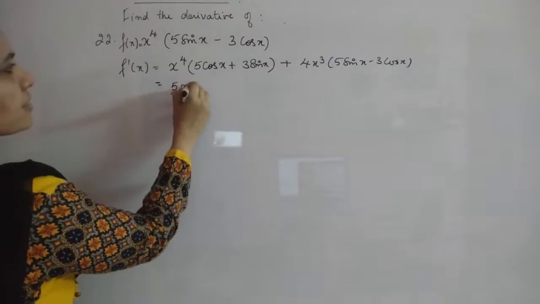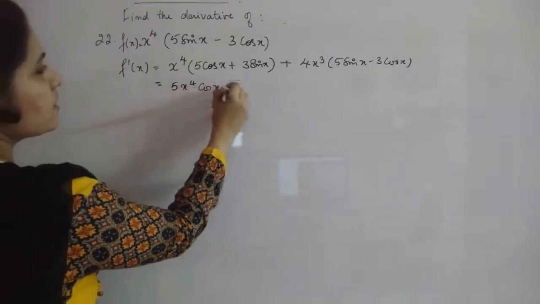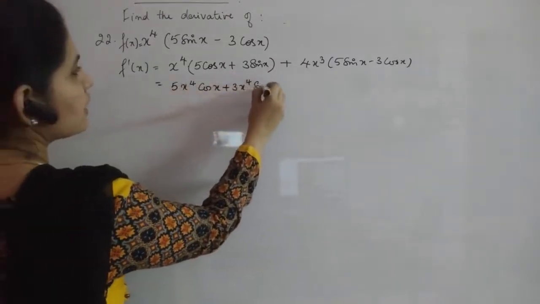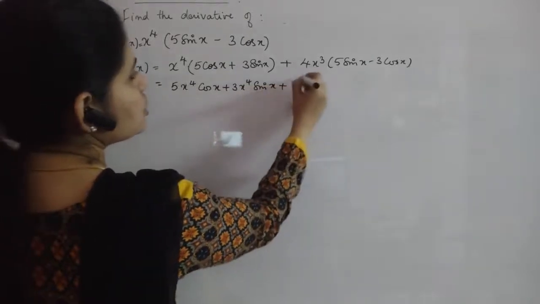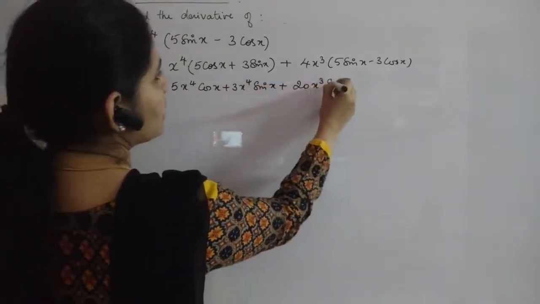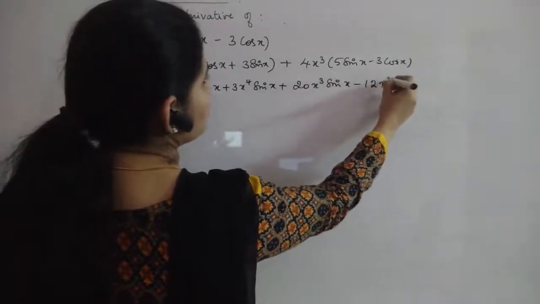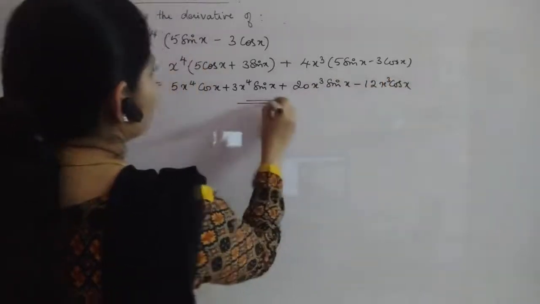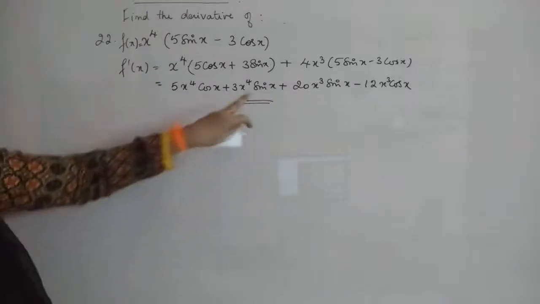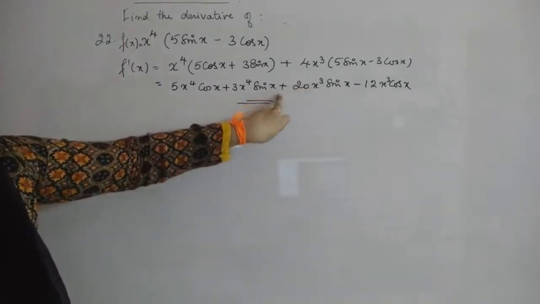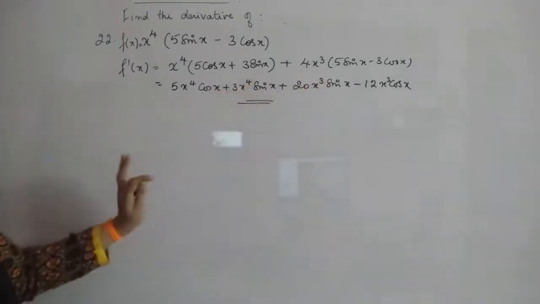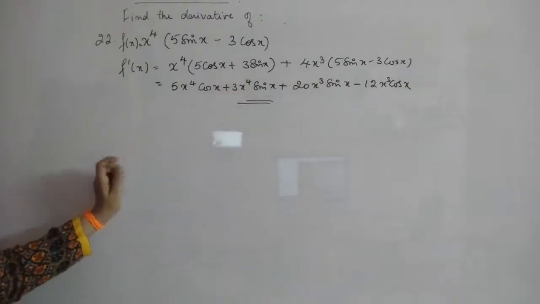This will give you 5x raised to 4 cos x plus 3x raised to 4 sin x plus 20x cube sin x minus 12x cube cos x. Nothing can be simplified further, but if you want, you can combine the sin x terms and the cos x terms, or else it is like this.